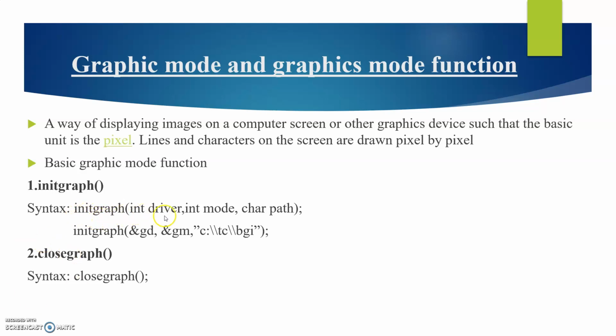The syntax to write the initgraph function is initgraph(int driver, int mode, path); It can be written as initgraph(&gd, &gm, "c:\\tc\\bgi"); To write closegraph, the syntax is closegraph(); with a semicolon.